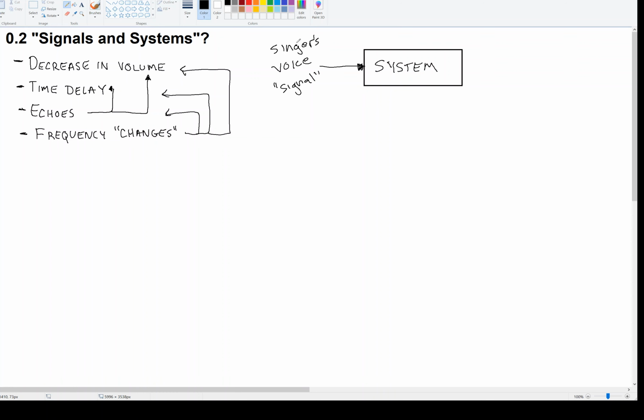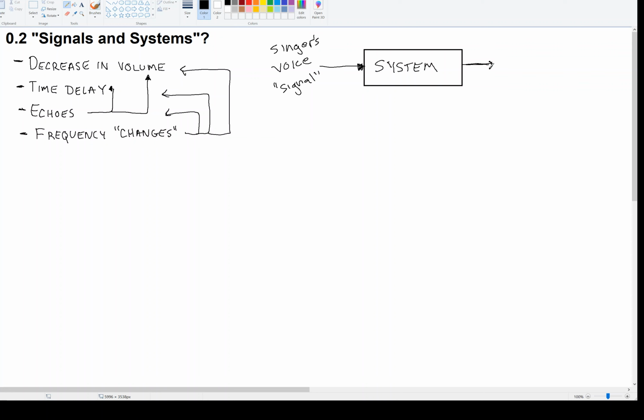And the singer's voice, the original voice, so what you heard when your ears were right next to his or her mouth, we would say that's the input to the system. And then the system, or the auditorium, shapes that signal with these kinds of properties: decreases and changes in volume, changes in delays, echoes, changes in frequencies.